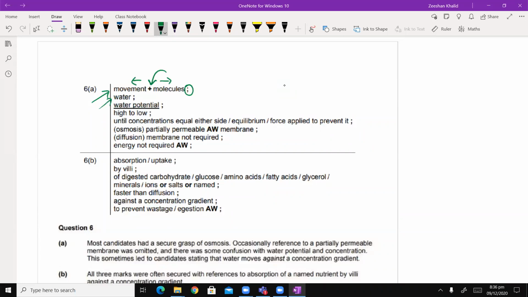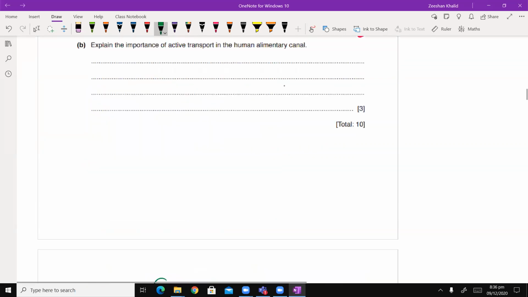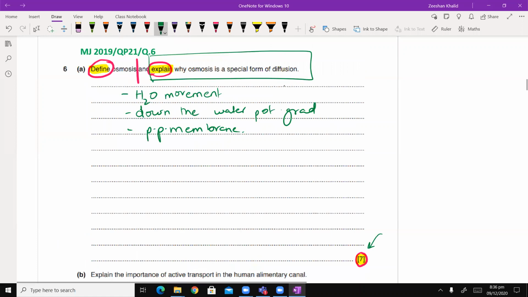Okay, and then see what they have underlined here, children? They have underlined water potential. Can you see the word concentration gradient here? No. So there was a reason why I said you should prefer this, because see, this is the latest paper, almost May June 2019.